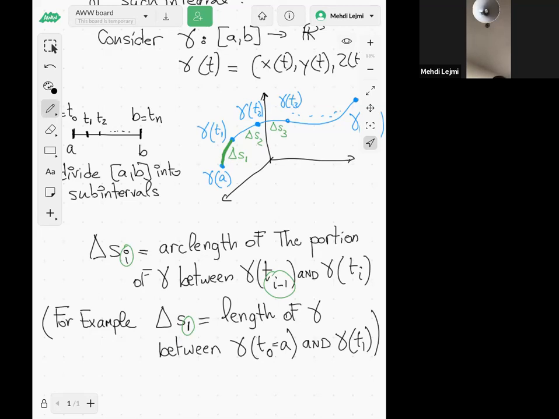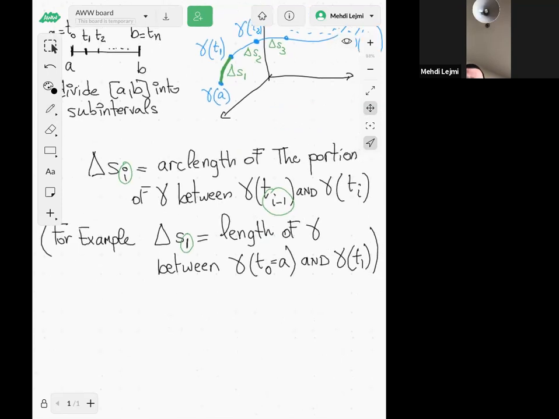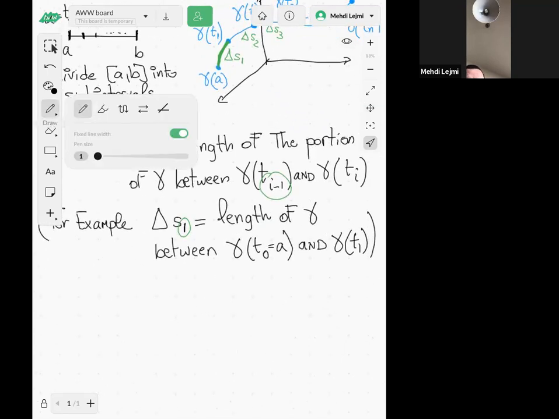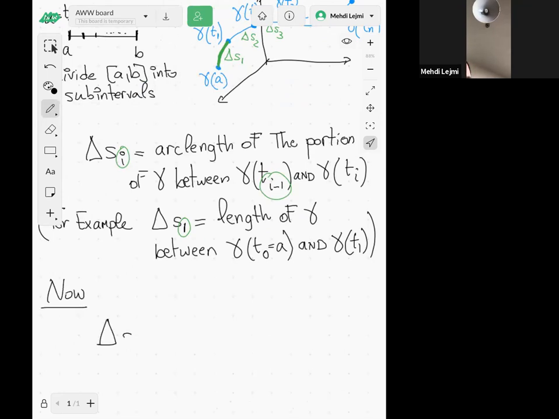Now, the question is, what's the length of this portion between, let's say, gamma of t0 and gamma of t1? I think you have seen this in Calc 3, but just again to remind you guys how this works. Now this delta S i can be approximated.